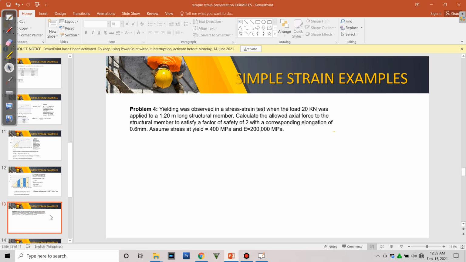Calculate the allowed axial force to the structural member to satisfy a factor of safety of 2 with a corresponding elongation of 0.6 millimeter. Assume stress at yield to be equal to 400 megapascal and E is equal to 200,000 megapascal.